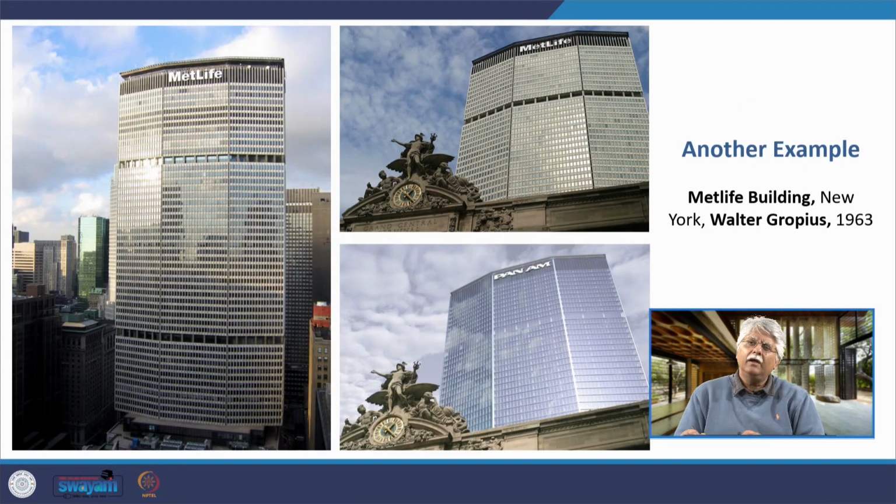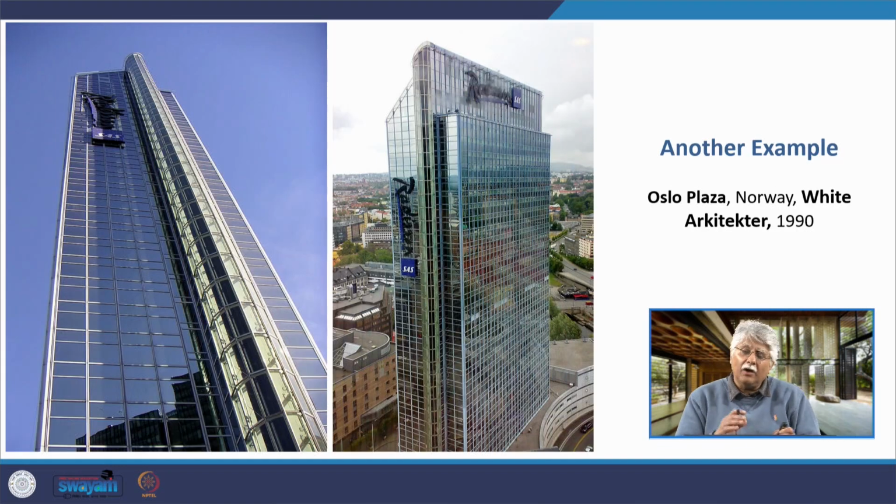Or even another example by Walter Gropius, the MetLife building in New York in 1963, which was earlier called the Pan Am building. Another example, now going all the way to Norway, just to show you the extent of the rise of this glass and steel skyscraper, the Oslo Plaza by White Architecture in 1990.